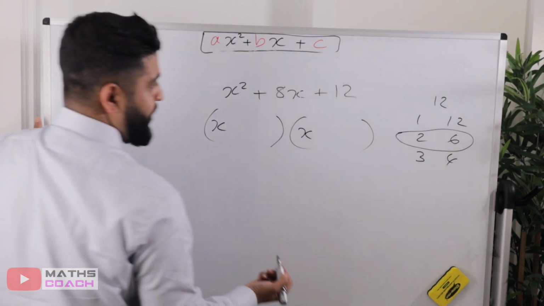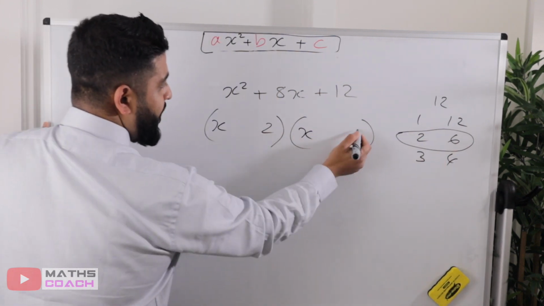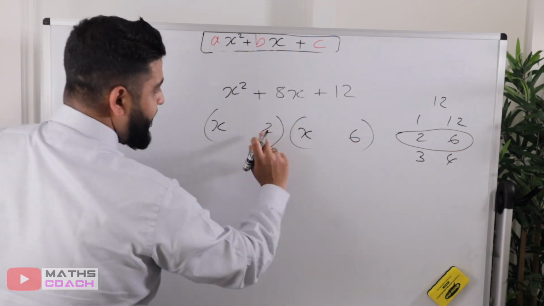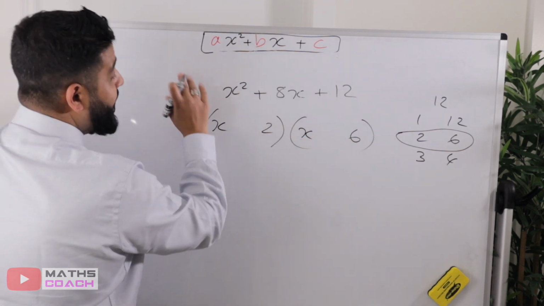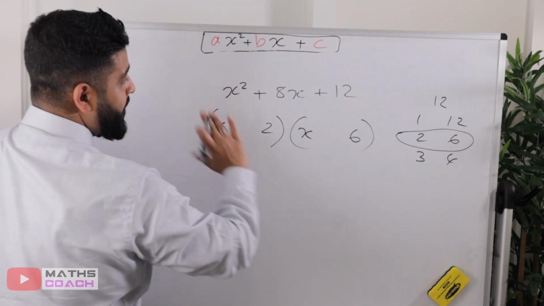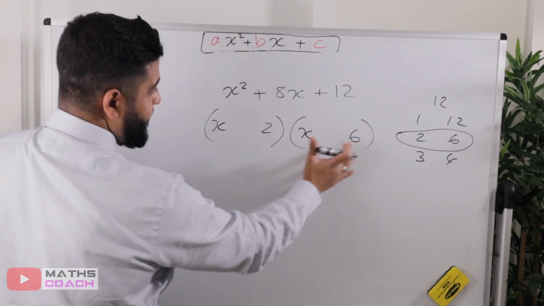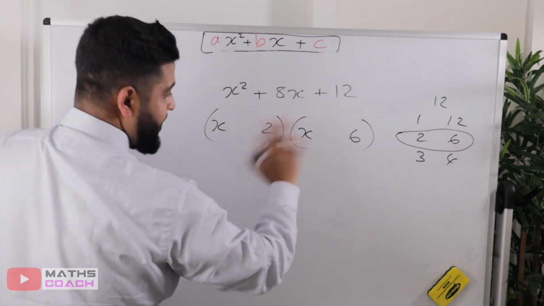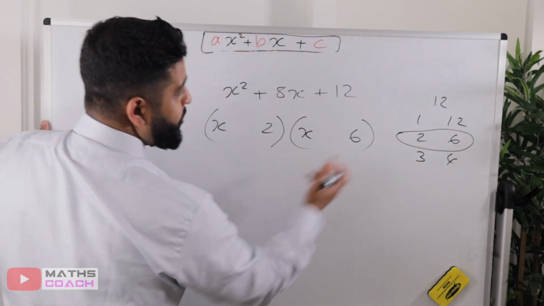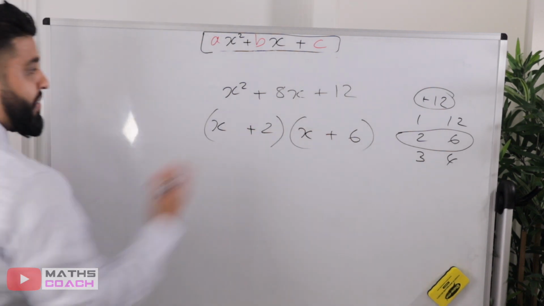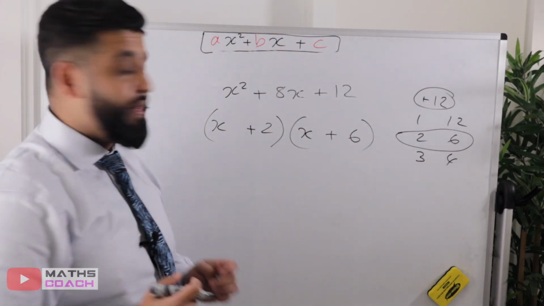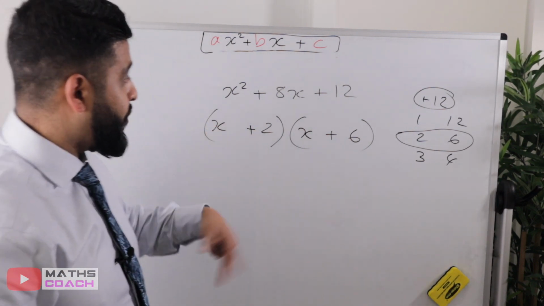This one gives you 8, so you can write the 2 and the 6 down here, and it can be either way round at this stage because the value of the x term is not greater than 1. The 6 can be here and the 2 can be there, it's not a problem. Both of them are positive because you want a positive 12, so there you go, and that's the factorization. If you do understand this way, go for it.